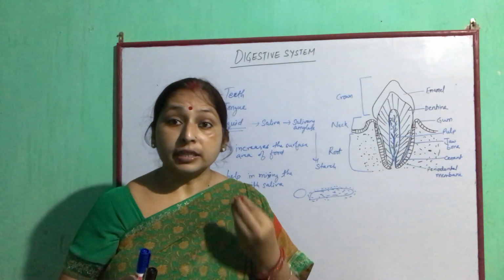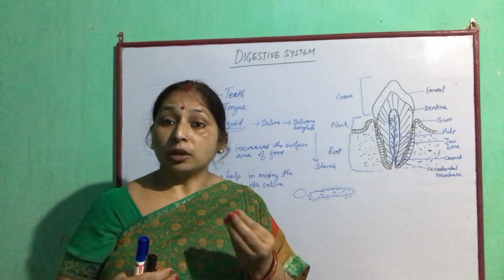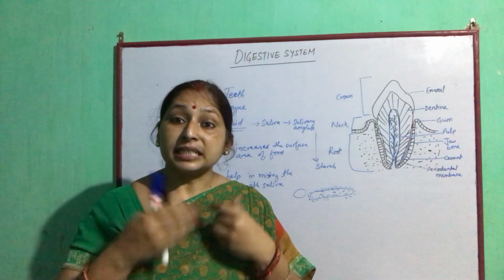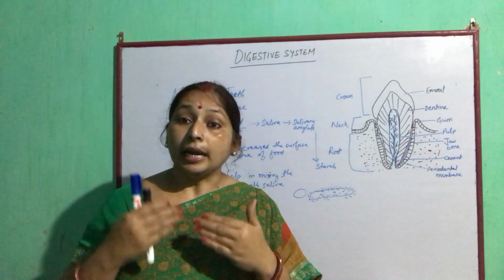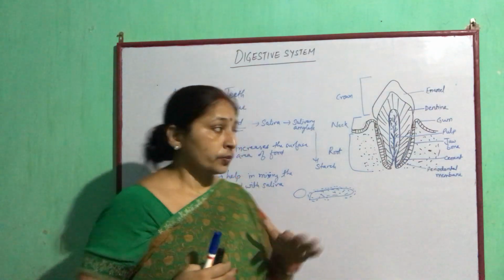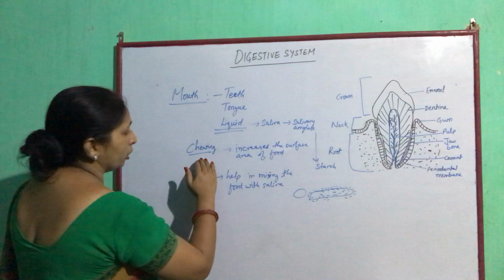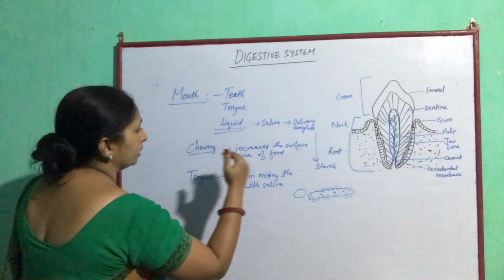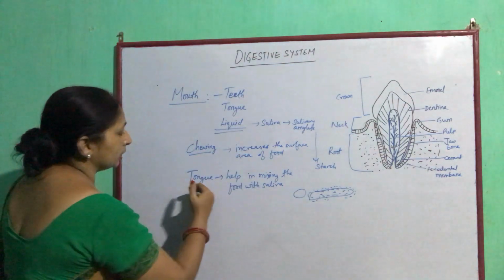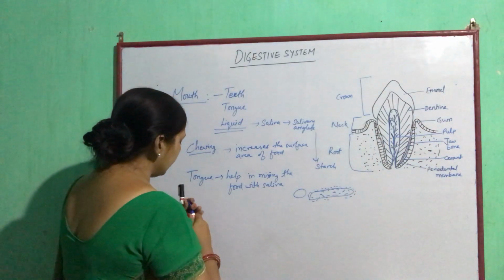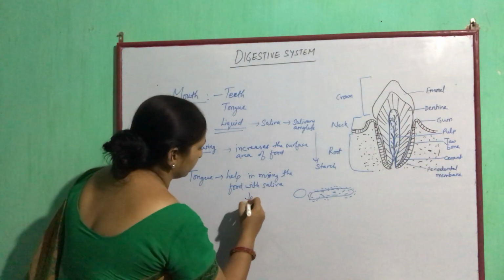So it is always advised to take small bites and chew the food properly. Chewing and masticating with saliva helps in proper digestion of the food. The role of teeth is chewing to increase the surface area of food. The tongue helps in mixing. The word for this is mastication.